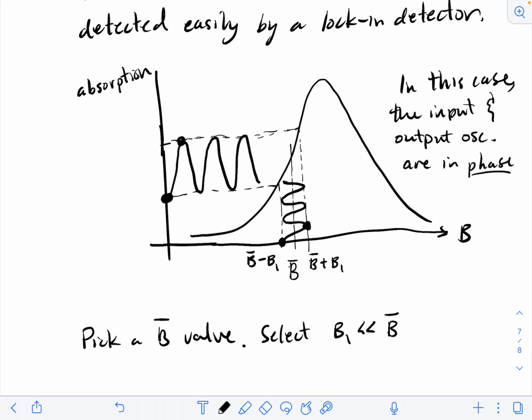The other thing we can notice here is that for the value of B average that I picked, where the curve of the absorption is steep, we got large output oscillations.